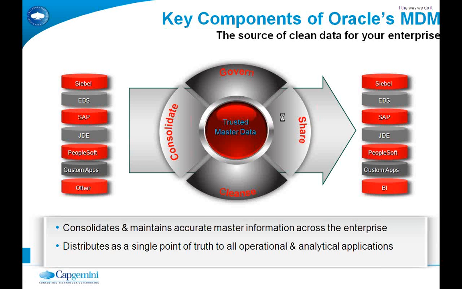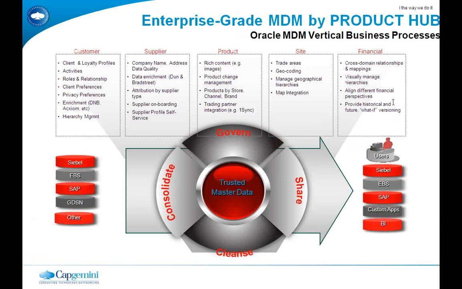So now hopefully we understand the concept of MDM from a services perspective. If I break it down into groupings, the individual products, right, are easy to speak about. Again, we've talked to this at length already: customer, supplier, product, site, and then from a financial perspective. And you can see the moving parts that are under there. If I'm going to break out each one, customer: roles and responsibilities, client preferences. It's simply not a list of clients.